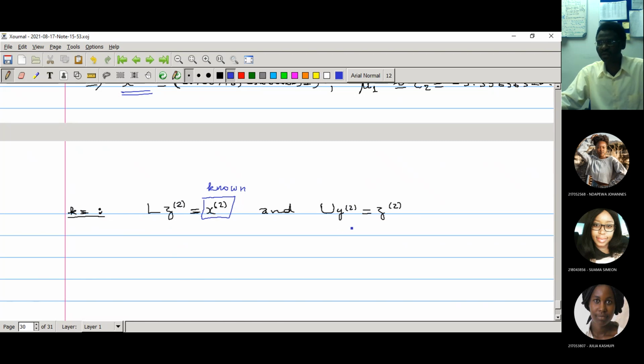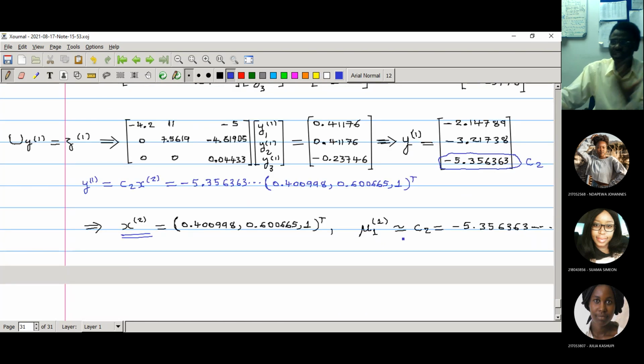Once Y2 is obtained, from Y2, we get X3. And we proceed. So maybe after 3 iterations will be enough to see the convergence.